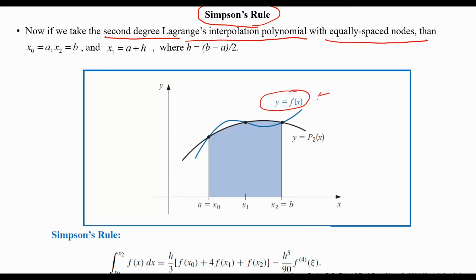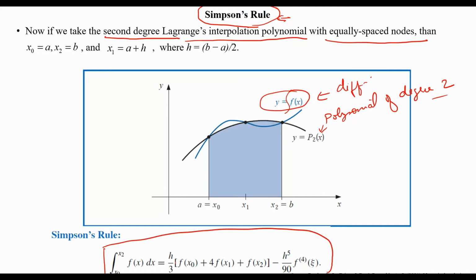So I have approximated it with a polynomial of degree 2, and I call it Simpson's rule. So Simpson's rule has this expression.